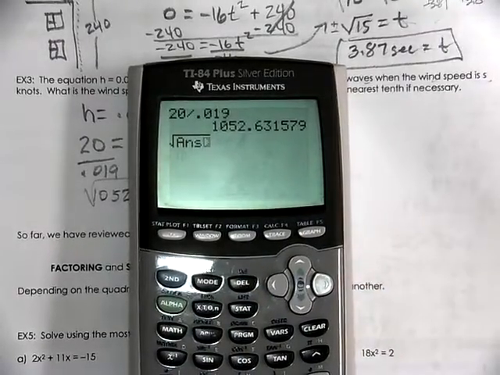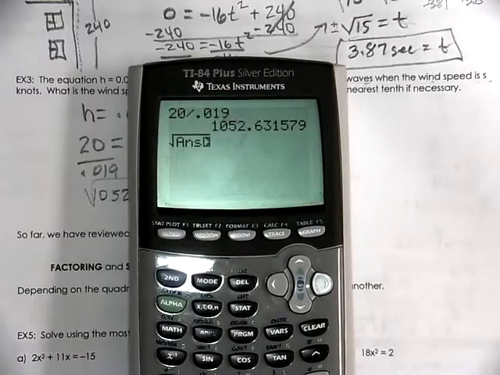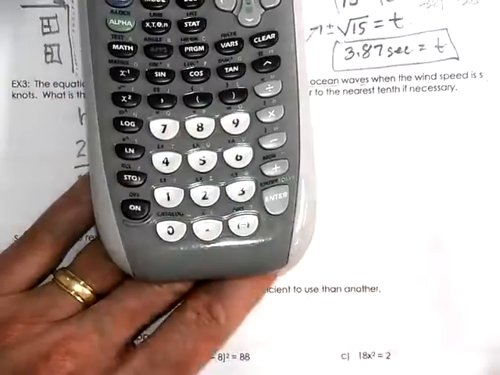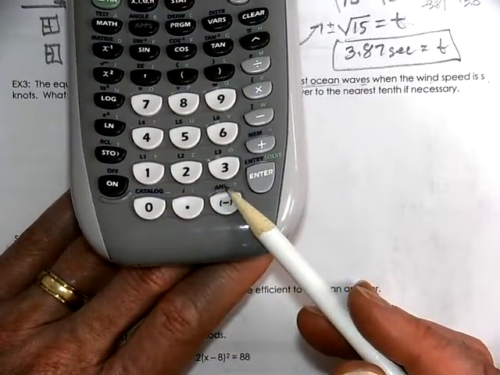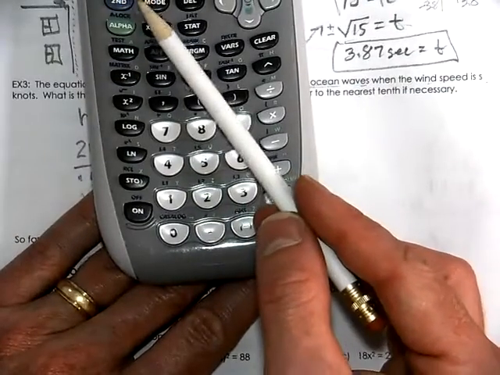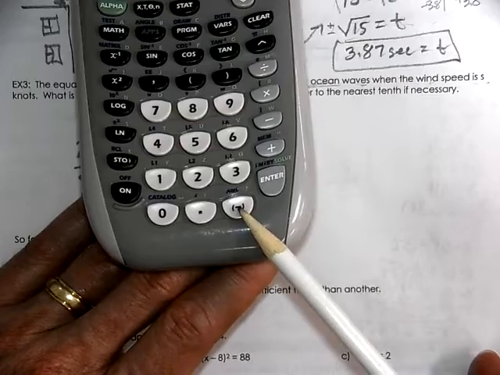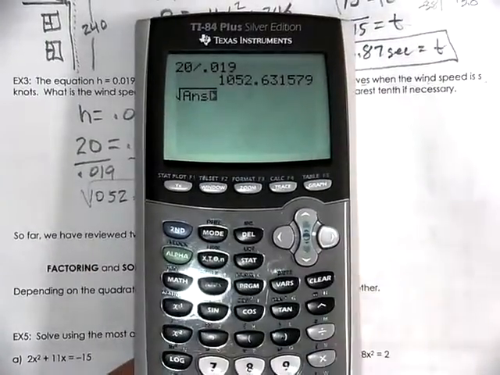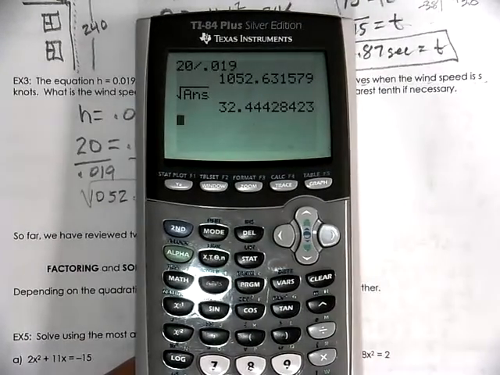Okay, notice I did not type in 1052.63. I typed in answer. It's a button on your calculator right there, so it's in blue, so I have to hit my second key first. Second, negative sign, so I get an answer. And that takes the previous result and calculates that out.